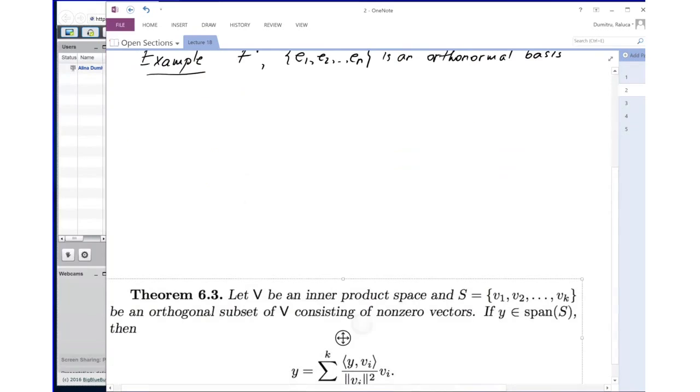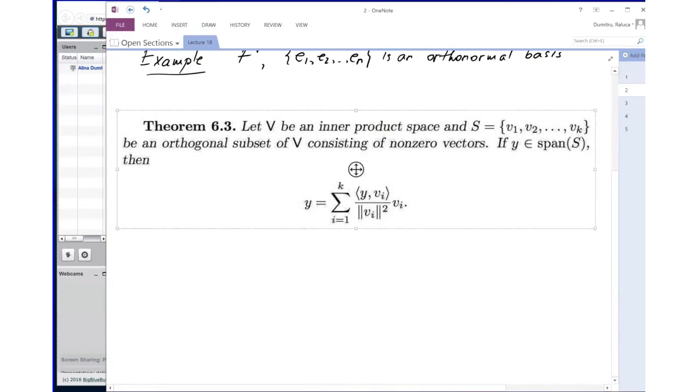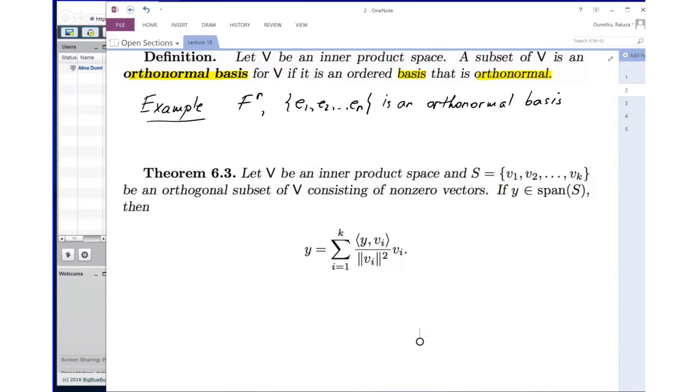Okay, so we go back to that question. Why is it so nice to deal with an orthonormal set or an orthonormal basis? Well, remember that if you have a basis beta, then every vector in the space can be written as some linear combination of the vectors in the basis. How do you write that?